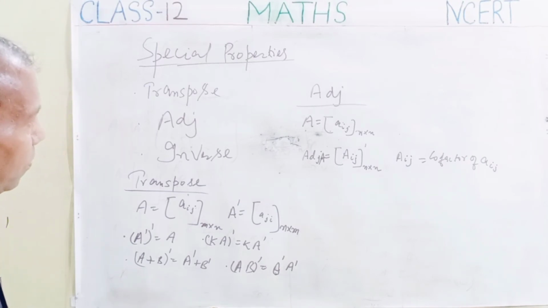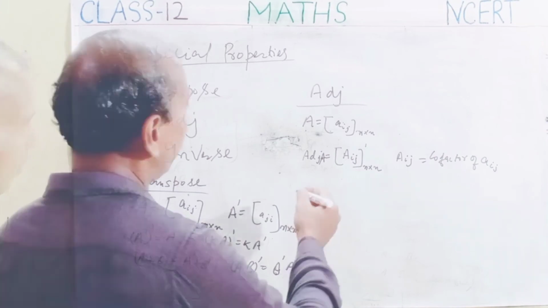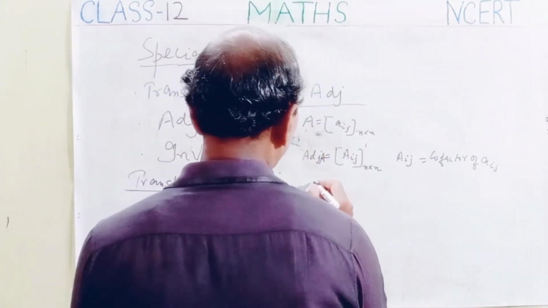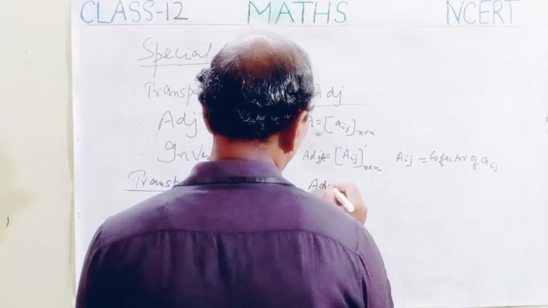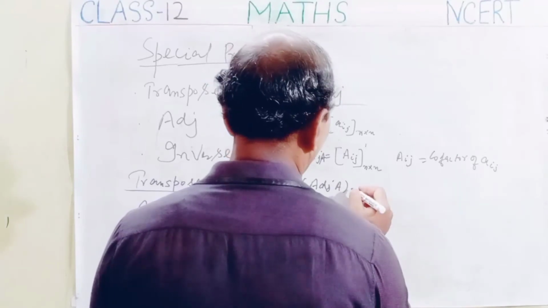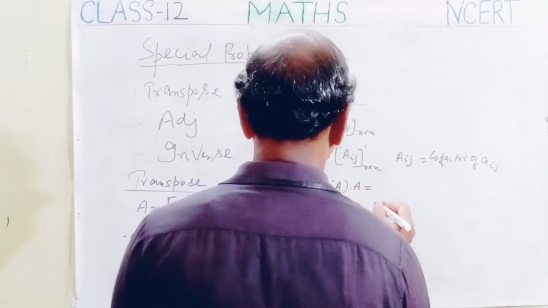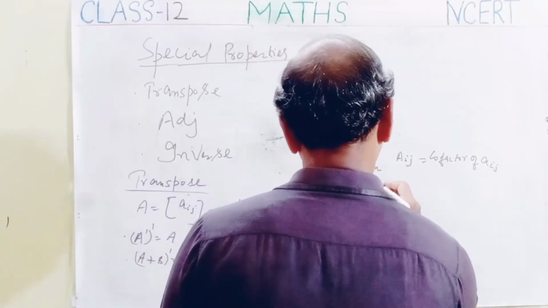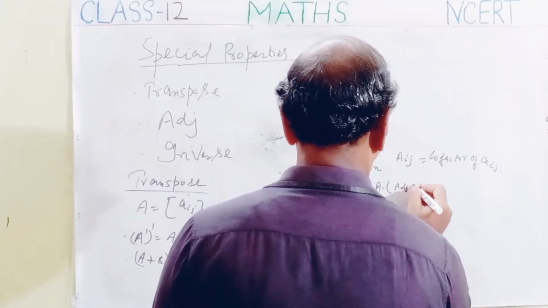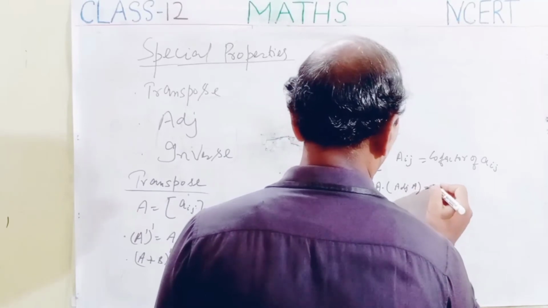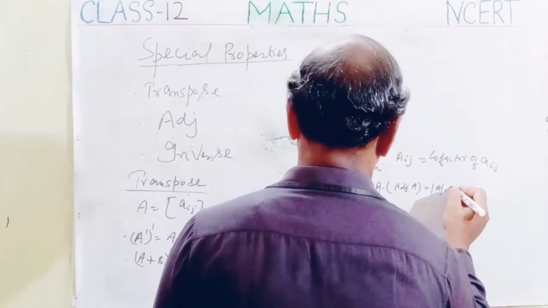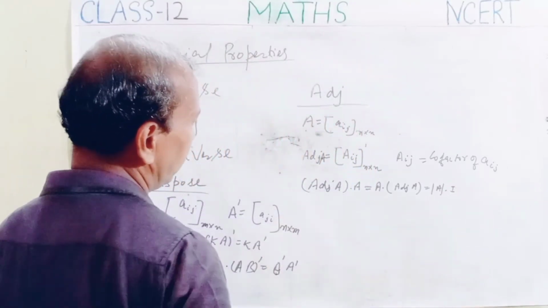Okay, so this is your adjoint. Now see the properties of the adjoint of A. Adjoint of A into A is equal to A into adjoint of A, and this is equal to the determinant of A into I. This is the property of the adjoint.